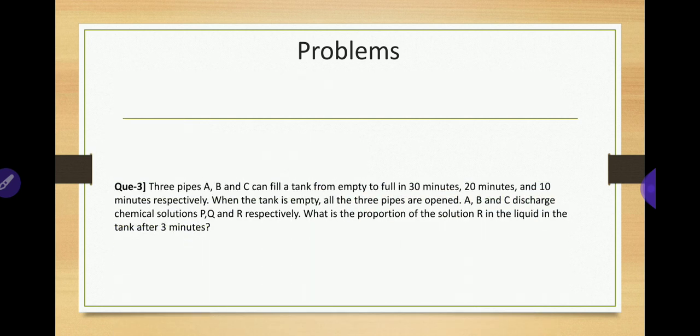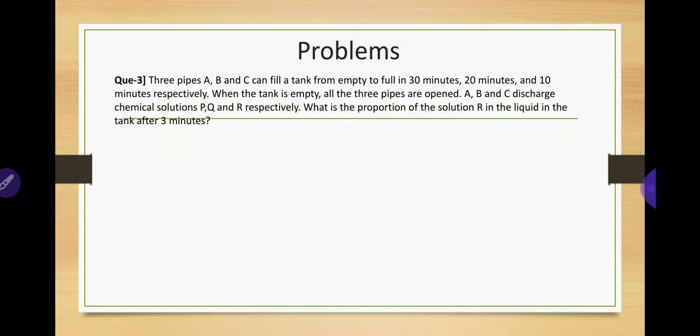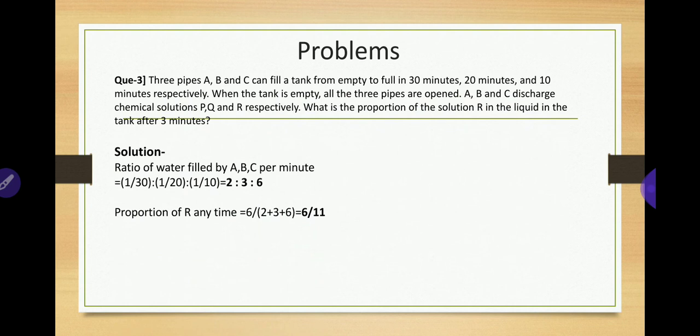So the same problem we can solve by another method, that is the proportion method. In short, this is the shortcut for this problem. Now, you know that the ratio of the chemicals filled by A, B, C per minute can be found from their capacities: the capacity of pipe A is 1 upon 30, pipe B is 1 upon 20, and pipe C is 1 upon 10.